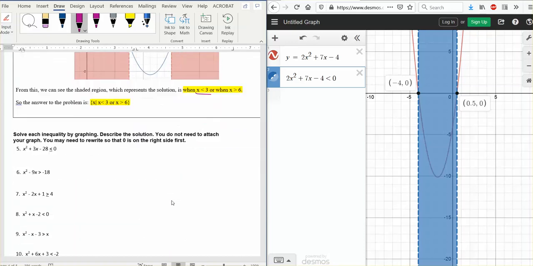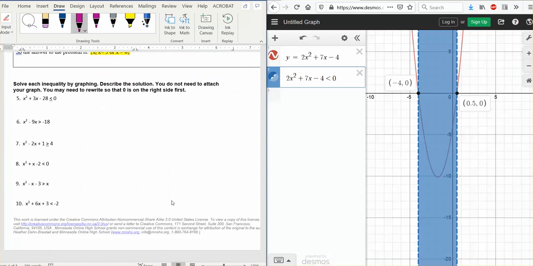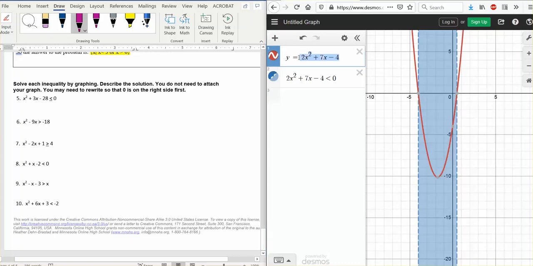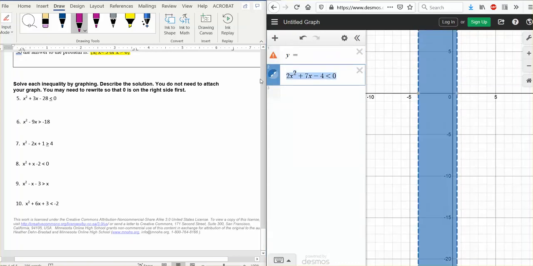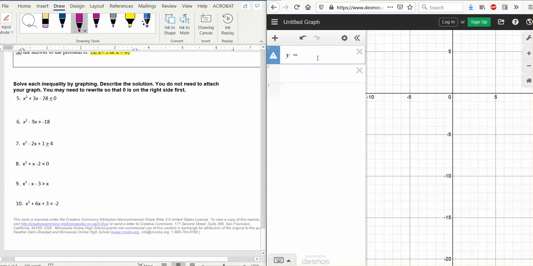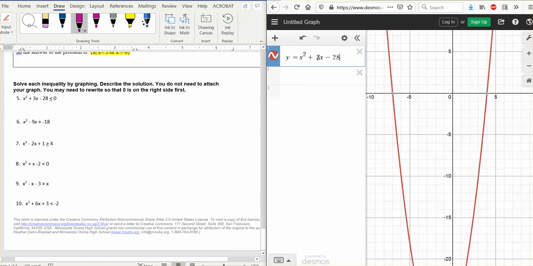Let's do number 5. So in number 5, we are going to graph y equals the left side there, x squared plus 3x minus 28. And then the second related inequality is exactly this. Now, I saw that some of you have been copying and pasting the equation, but you have to be really careful when you do that.